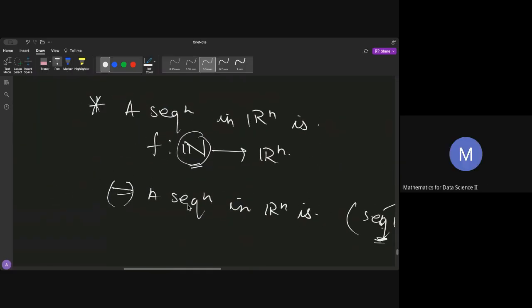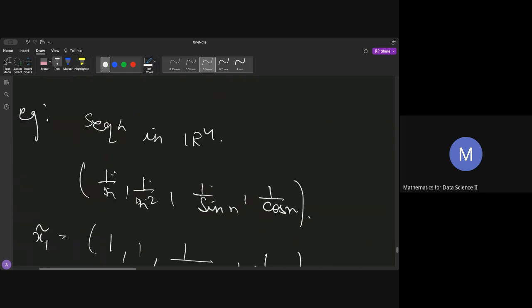So the domain for these individual ones is also natural numbers, and the domain for the entire tuple is also natural numbers. These individual ones are sequences in R, meaning that if I have 1 by n, then the value of 1 by n is going to be in R. N must be a natural number; I can't take n equals 2 by 3 because that's not valid. But 1 by n can be in the real numbers.